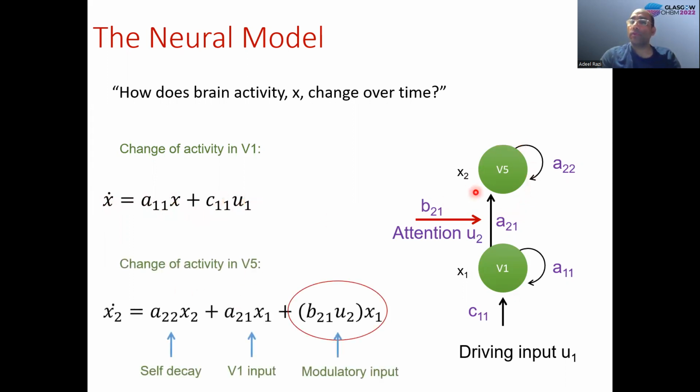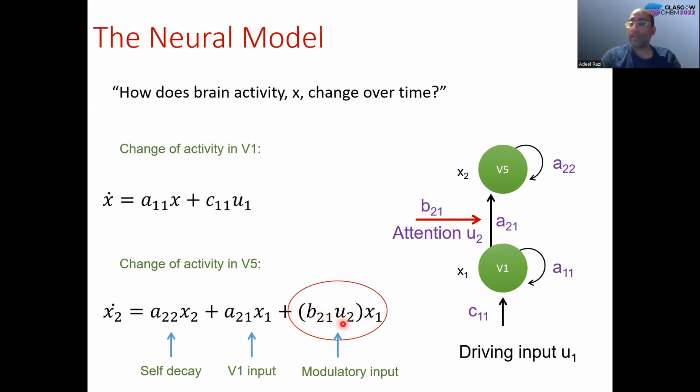However, if we want to write down what's happening in V5, now it has an additional component. Remember, there was self-connection, there was some contribution coming from x1, and then there's another contribution due to the attention, due to U2, which is an attentional stimulus and is modulating this connection. Let's say this coefficient is B21 because this is acting on this connection.